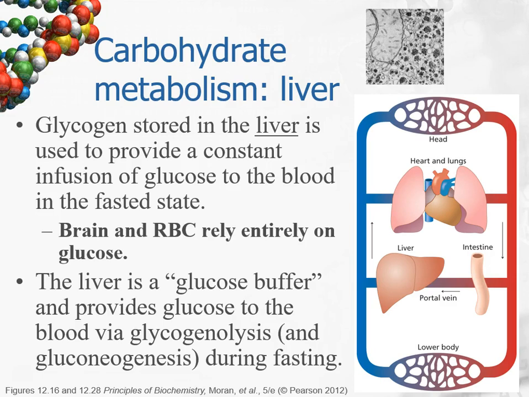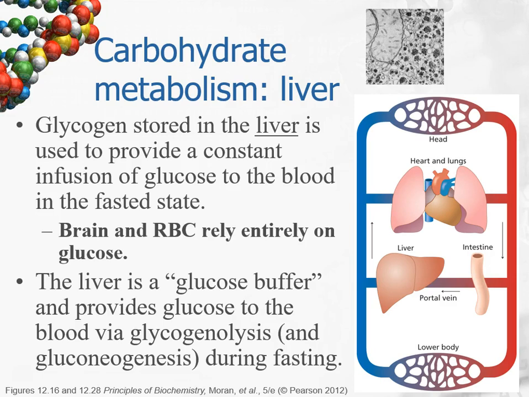If we are eating a lot, the liver takes up glucose and synthesizes glycogen. But if we're not eating, the liver breaks down glycogen and provides glucose to the blood, and other body tissues will take up that glucose. That's important because the brain and red blood cells rely entirely on glucose.